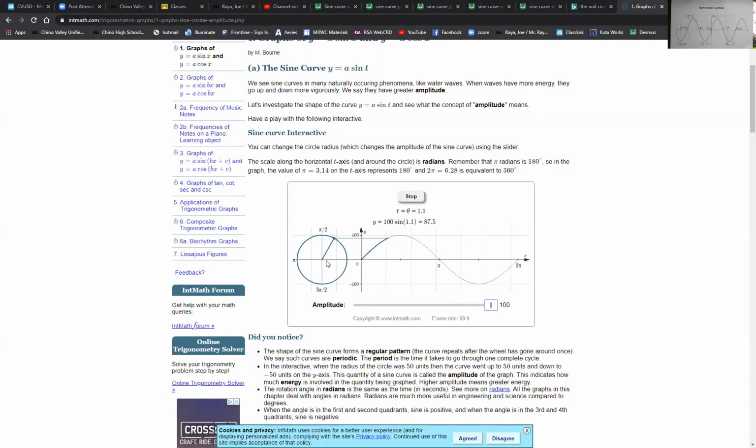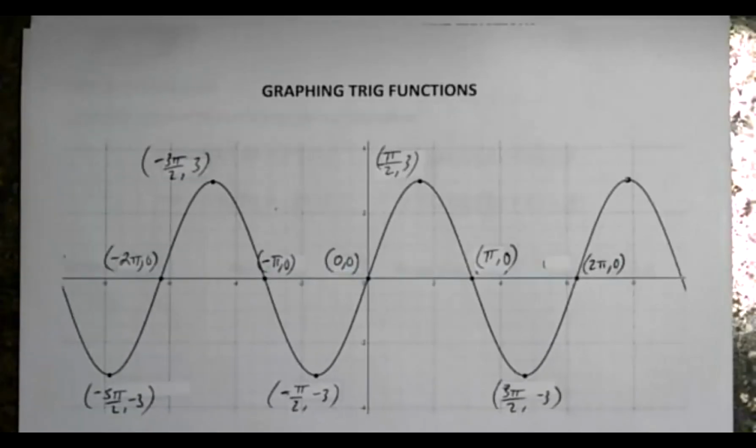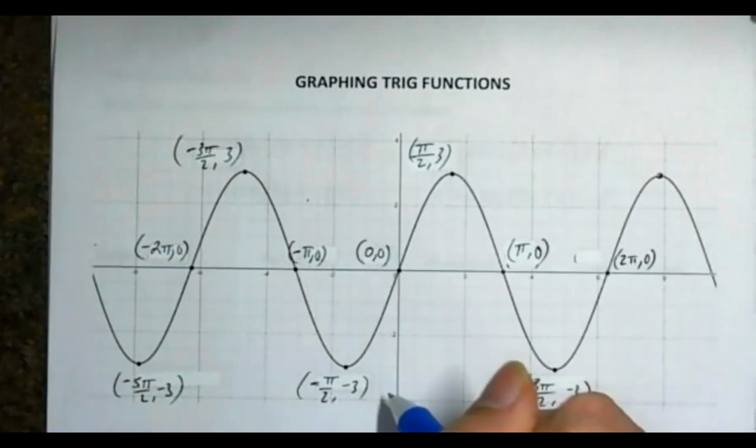This number in front of the trig function is the amplitude. It tells you how high and how low you're going along the curve. As I move around the circle, the curve is plotting points. So that's what amplitude is. The amplitude tells us how high and how low the curve is going to go.